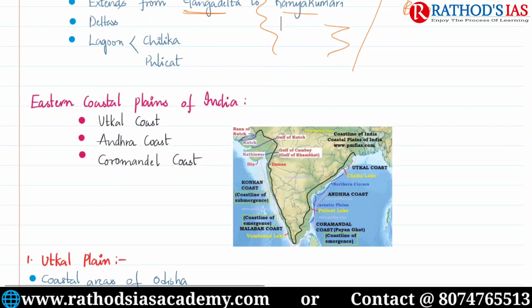And especially we can see two important lagoons in the eastern coast, that is Lake Chilika and Lake Pulicat. They are two important lagoons, and they are important geographical features of this east coast.